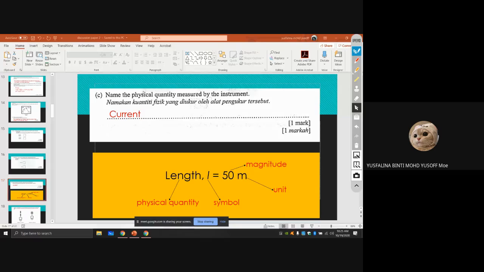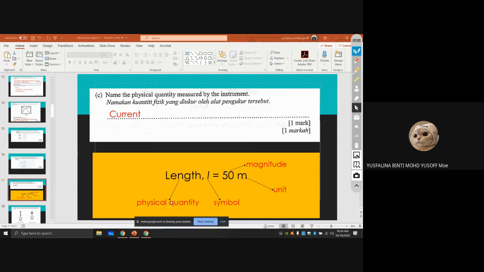If the question asks you to name the physical quantity, some of you will put the unit, ampere. No, the physical quantity means the name. What did you actually measure? For this one, you measured current. But if they ask you to give the SI unit, then you put ampere.